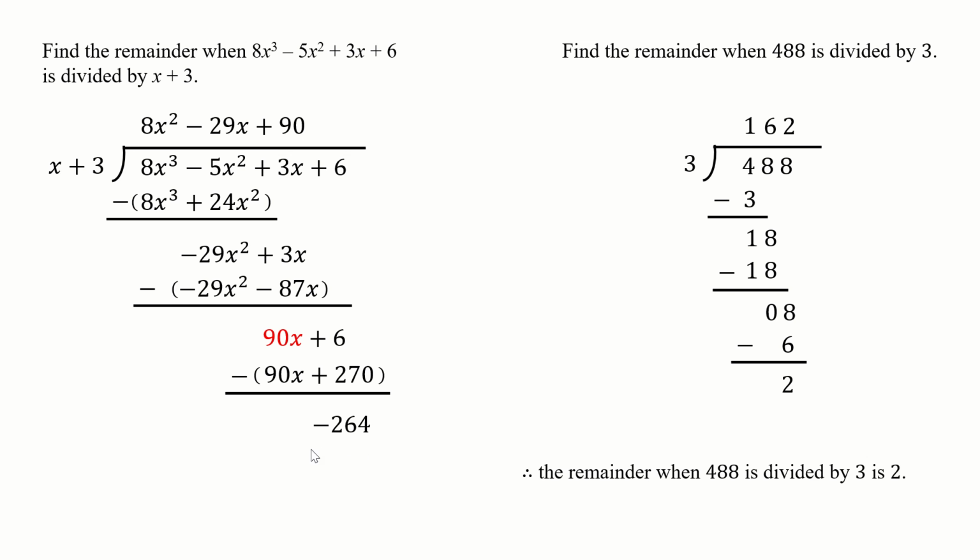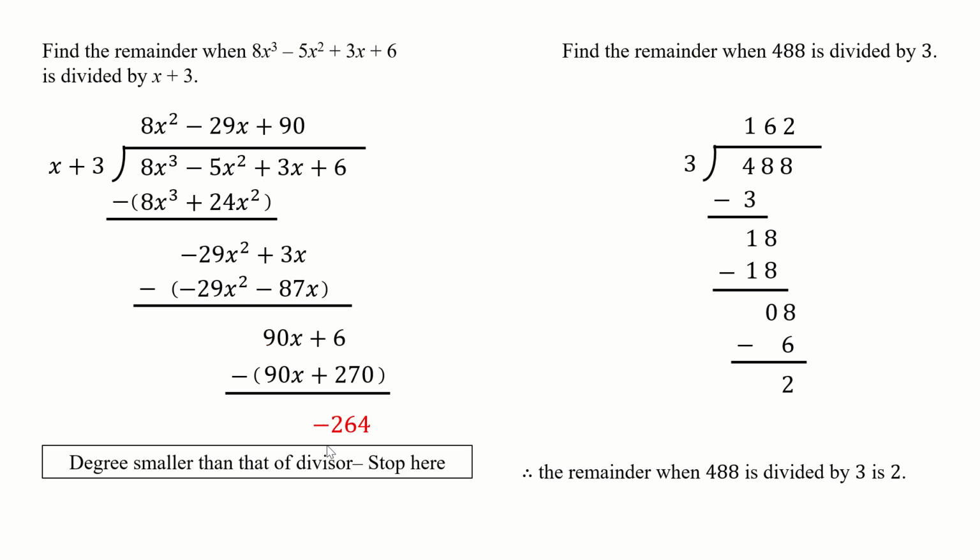Now I ask myself, can I still multiply some algebraic term by x plus 3 to get rid of negative 264? The answer is no. I'm going to stop here, because this negative 264 has a degree smaller than that of the divisor. The divisor x plus 3 has a degree of 1.